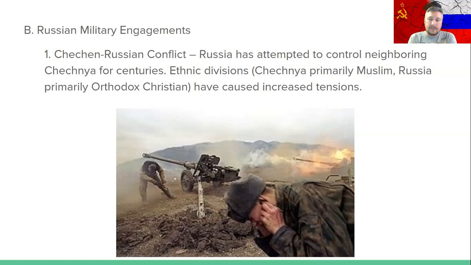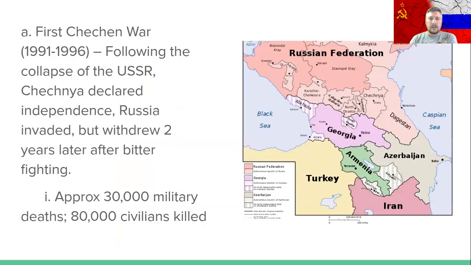And again, ethnic divisions have caused many of the issues here. You can see Chechnya primarily is Muslim population, and the majority of Russians are Orthodox Christians. So there's some cultural differences between these two areas. And what we've seen is numerous wars and terrorist incidents taking place between these two regions.